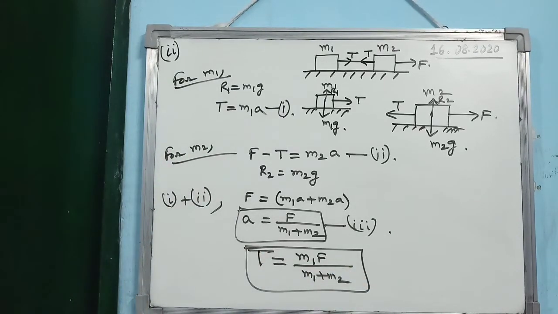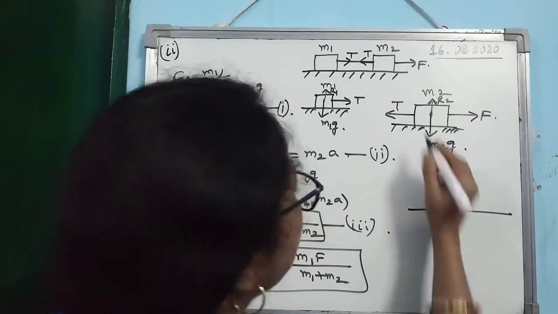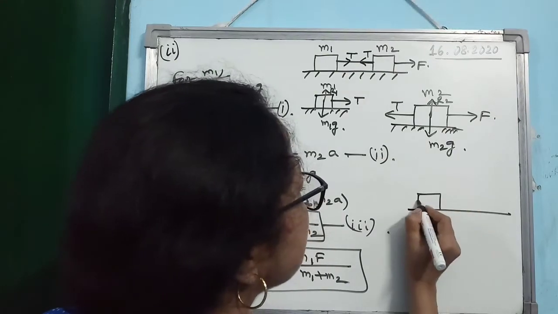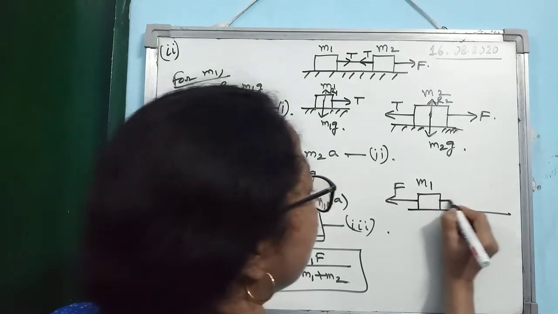So when the two bodies are connected with a string, this is the way, with the help of the free body diagram, you can find out the acceleration and tension. In this case, instead of applying force F on M2, if you do the opposite, that is, force F is applied on M1, then what will happen?